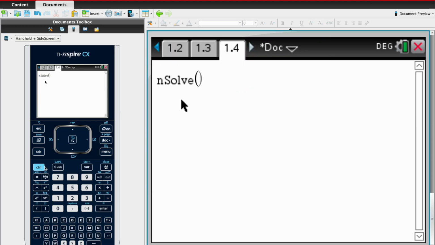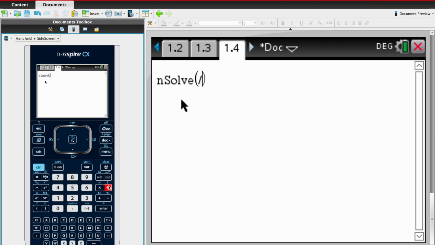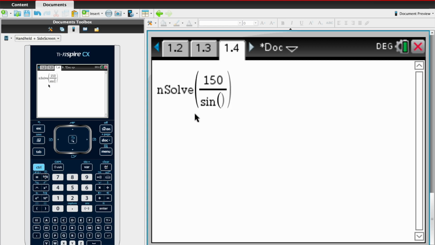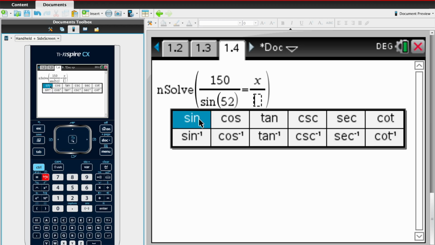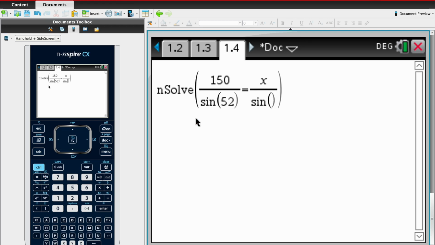Numerical solve. And let's go 150 over sine 52 is equal to, let's set up another fraction. Let's call it x in this case, is equal to sine 98.